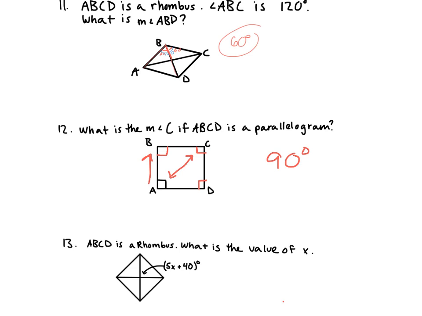A rectangle. We don't know if all the sides are equal. We don't know that. But we do know that we have 4 right angles, so it is definitely a rectangle. I don't think so, but that's something you should know.